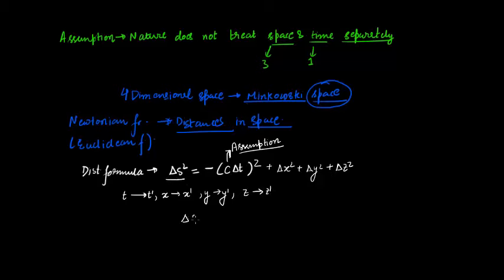So we can write that down: plus delta x prime squared. We'll call them primes. And that's the invariance principle that we have so far stated.